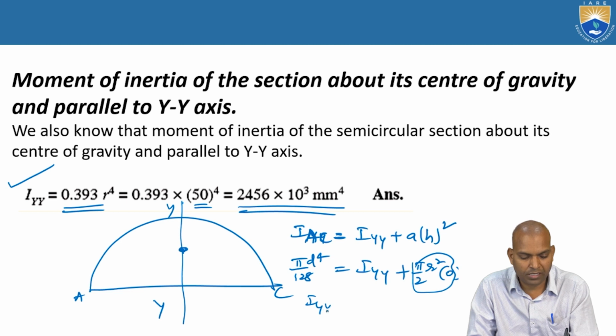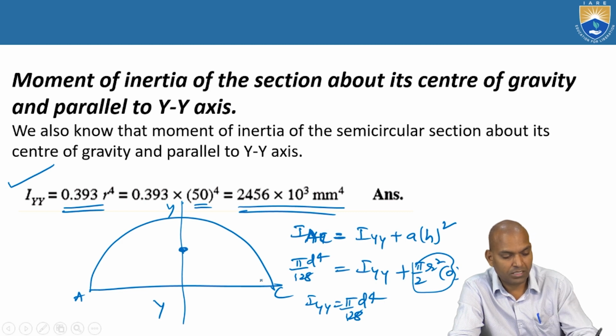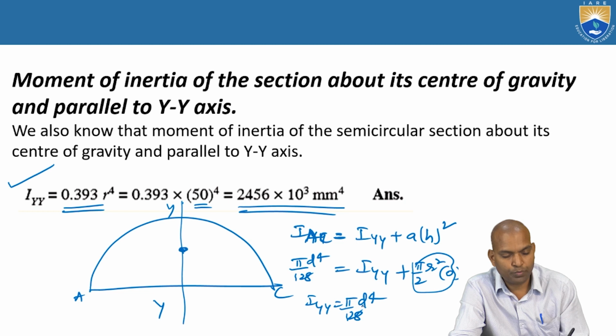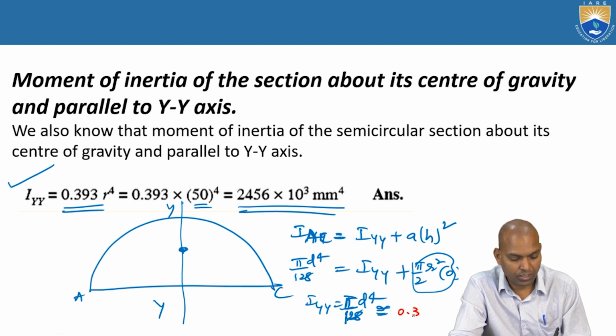Then Iyy equal to pi by 128 times d power 4. In the place of d, if you substitute d equal to 2r, that is 2 power 4 times r power 4. This 2 power 4 and 128 will be cancelled. Then pi by 8, if you simplify, we get 0.393 r power 4. That is Iyy.